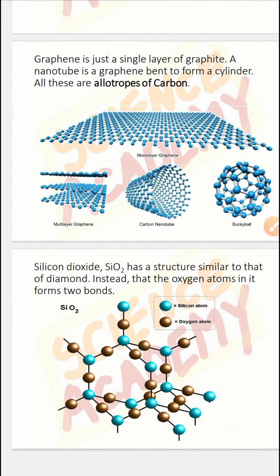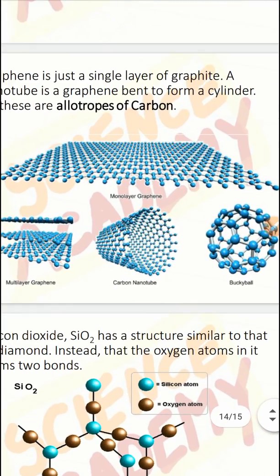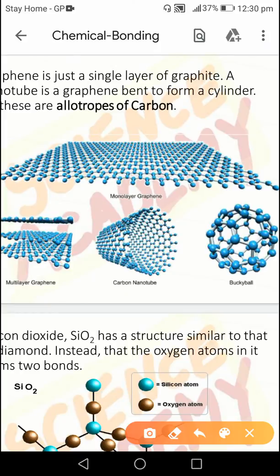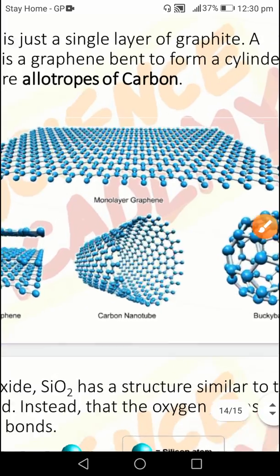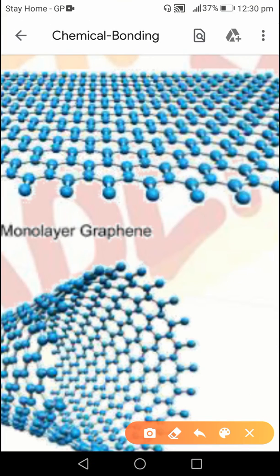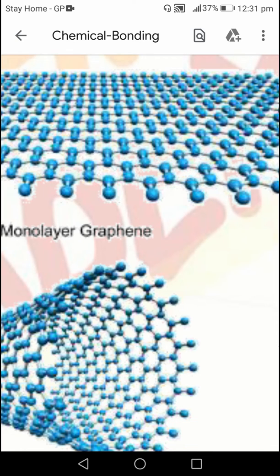Okay, so now look, what is graphene? This is a graphene, which has a similar structure to that of graphite. Let me zoom it. Look, this graphene has also got those hexagonal structures just like graphite.